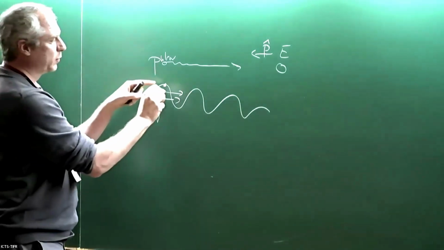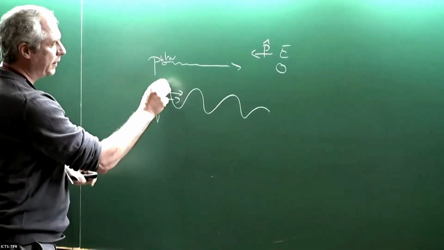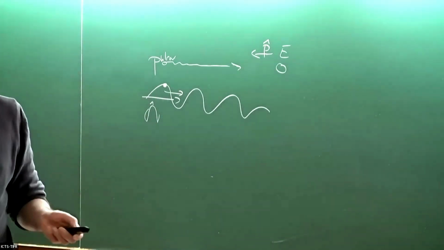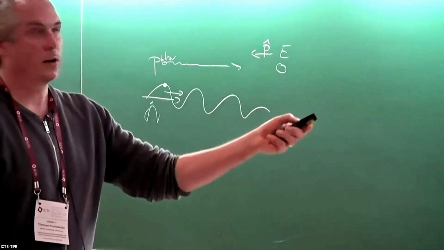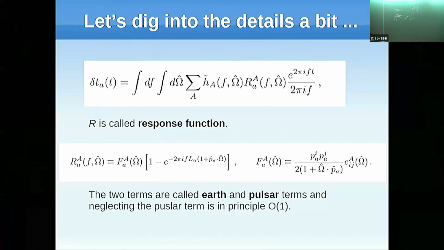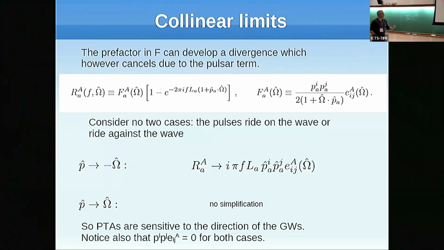So the wave is moving this way, and the pulse is just moving with the wave, right? So basically the h field, the fluctuation that the pulse is seeing in this integral here, is constant, right? And because of it, the integral will become linear in the distance.